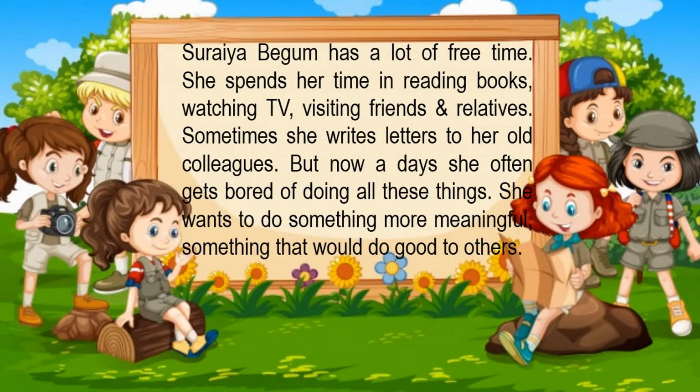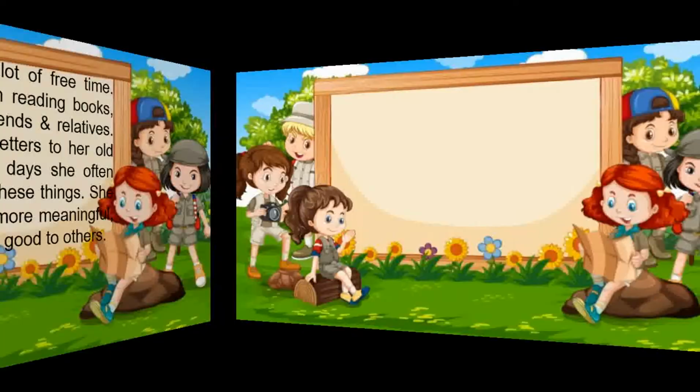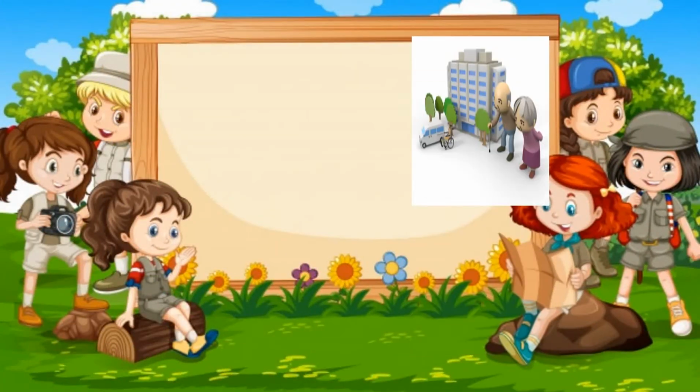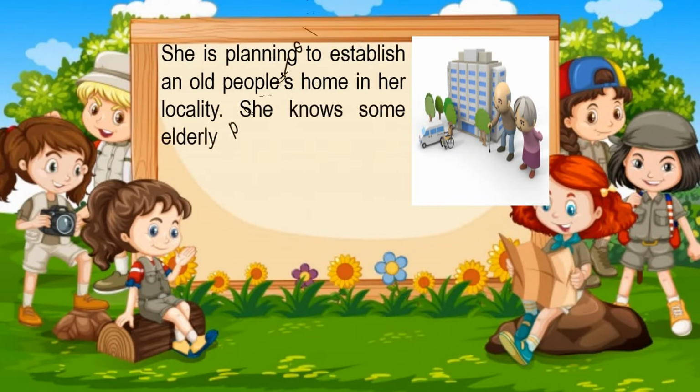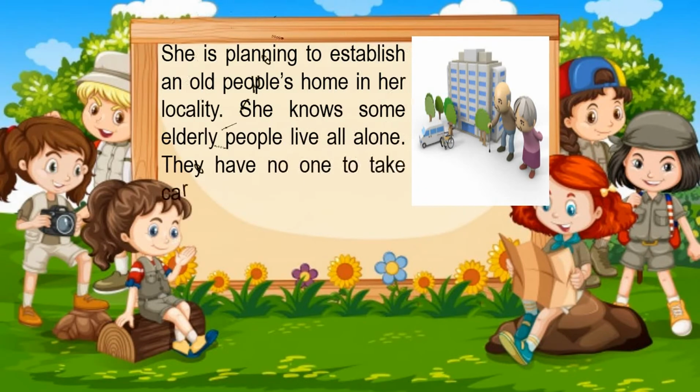She wants to do something more meaningful, something that would do good to others. So here we have a picture of 2 old persons in front of an old home. So in the text, she, that means Suraya Begum, is planning to establish an old people's home in a locality.